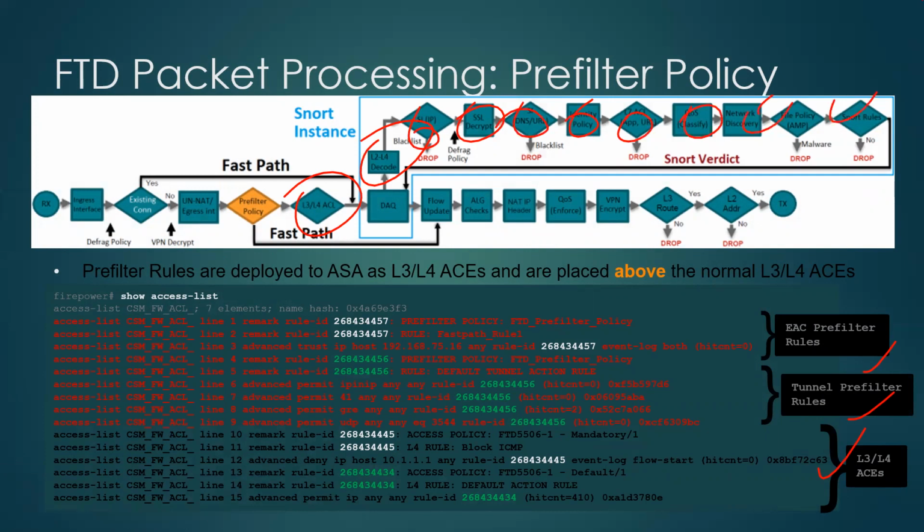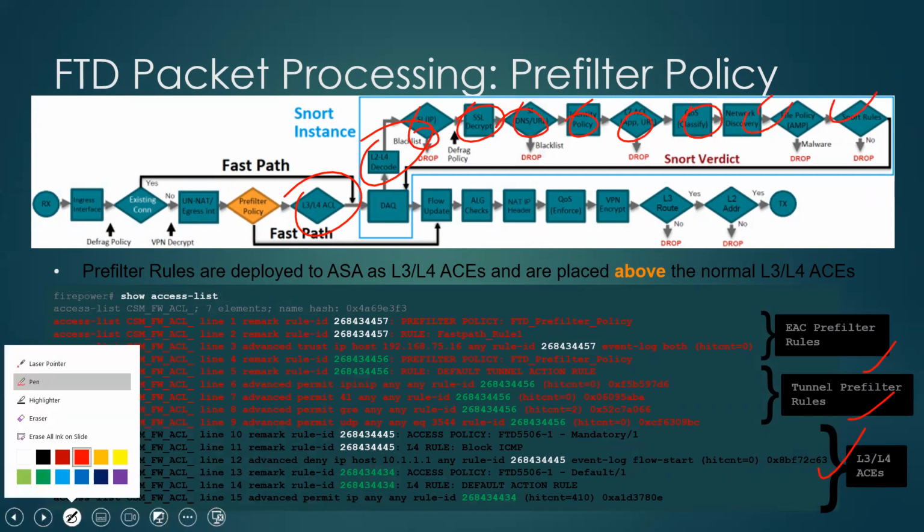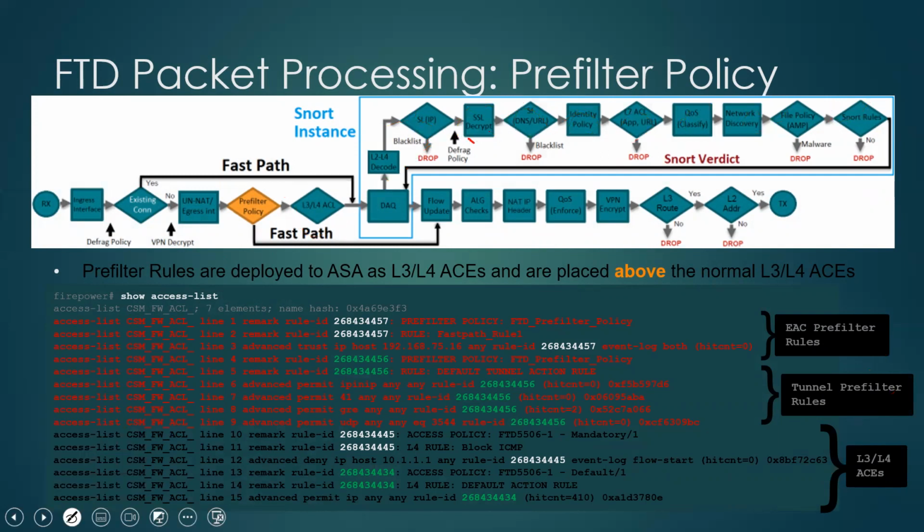You can see that SSL decryption is happening, and then identity policy, L4 ACL, QoS, network discovery, AMP rules, NAT rules, all these advanced checks that we have. And in the ASA path flow, ALG checks, NAT, IP header, QoS, VPN, L3 route, L2 route, L2 address, and then finally it reaches the destination.